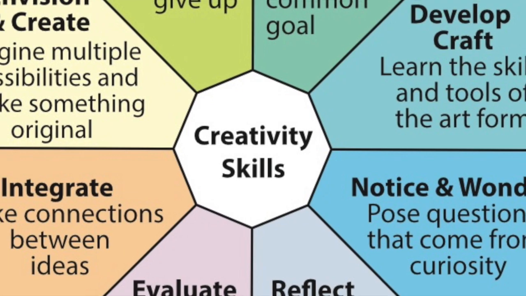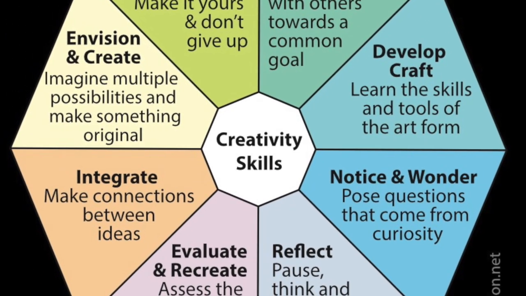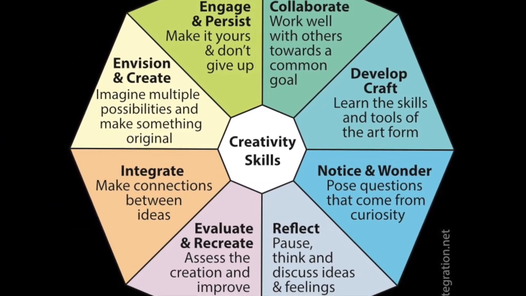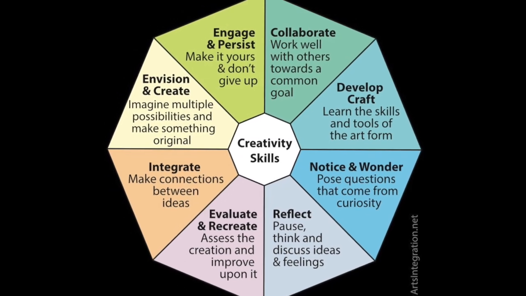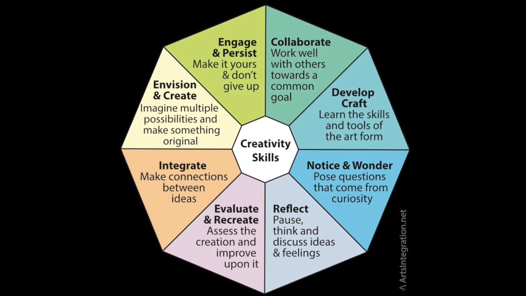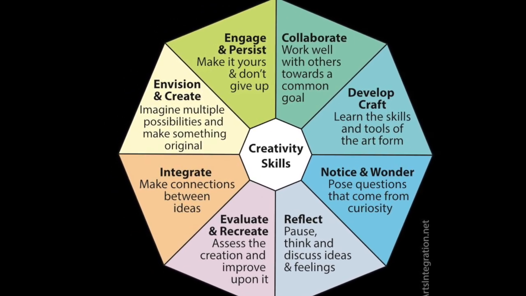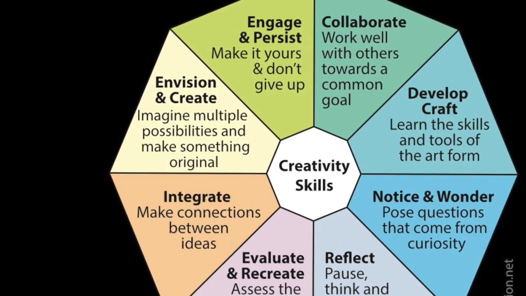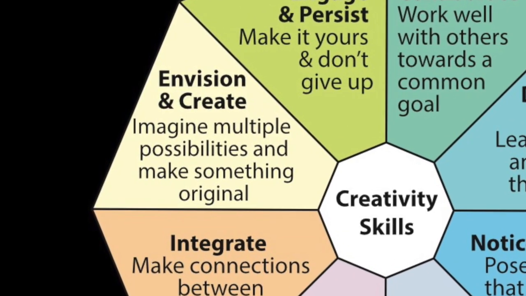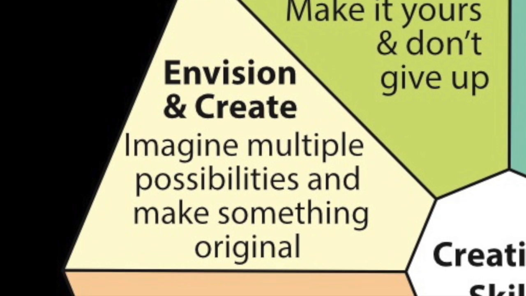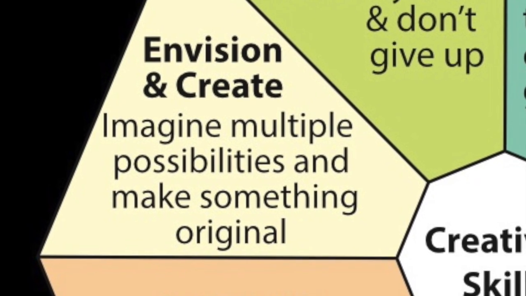Once you have a creative problem for students to solve, how can we strengthen this project even further? One possible solution is to turn to the 8 creativity skills, and several of those 8 seem appropriate to consider here. Creative problems are not easy to solve, and students will need to envision, that is, to imagine multiple possibilities.